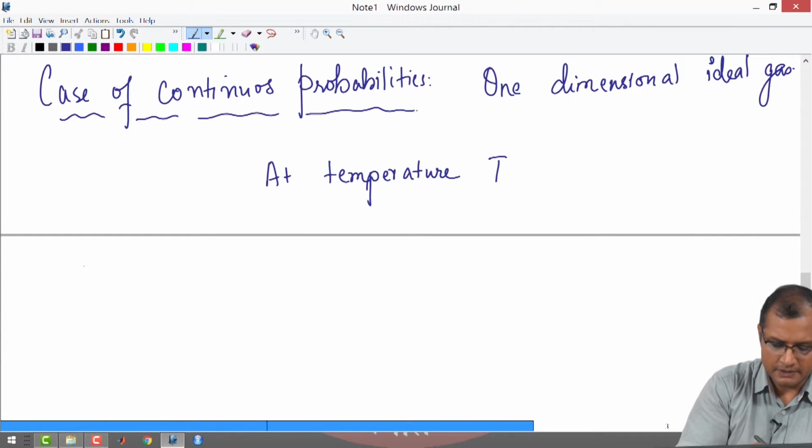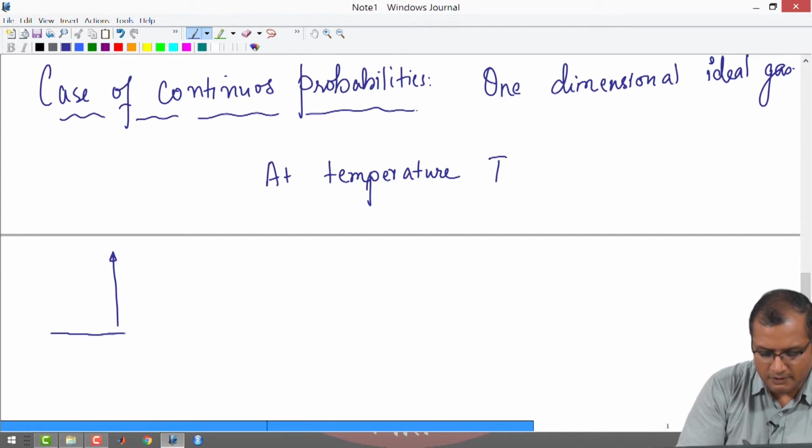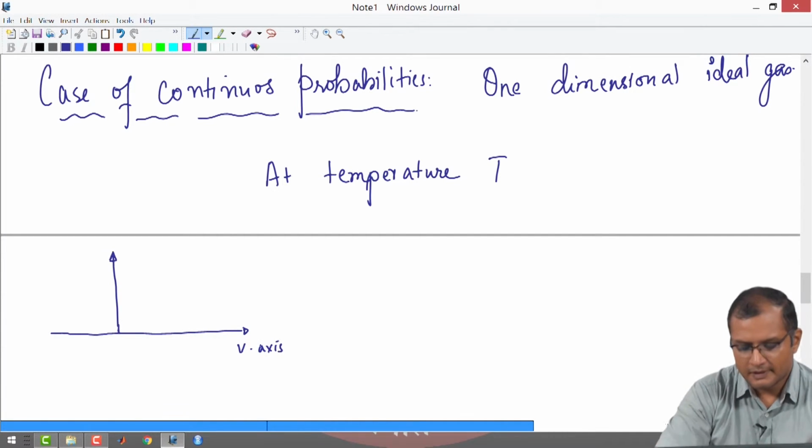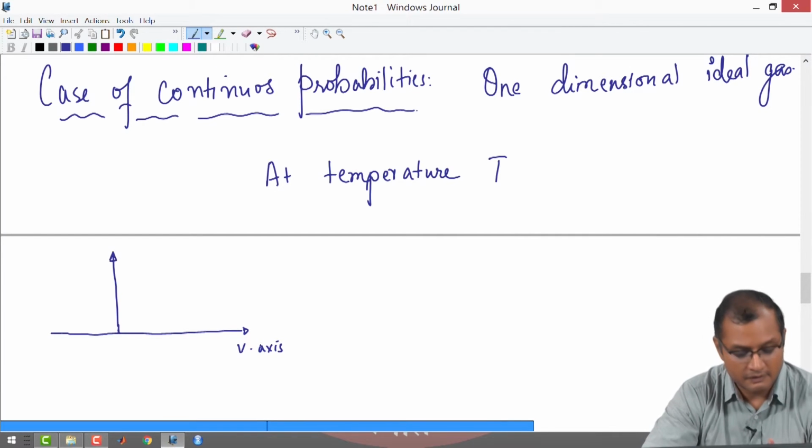So, I can take the velocities for the case of an ideal gas to be just along the x axis. So, this is the v axis, v is the velocity. Okay.